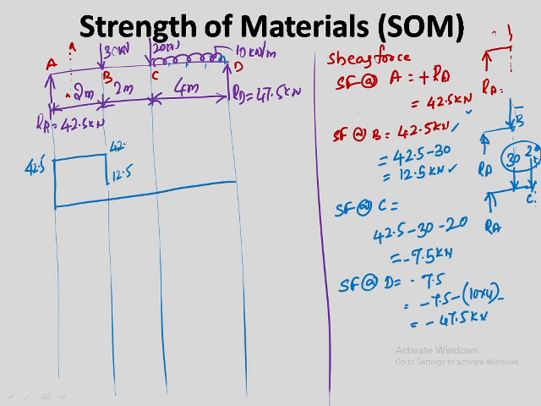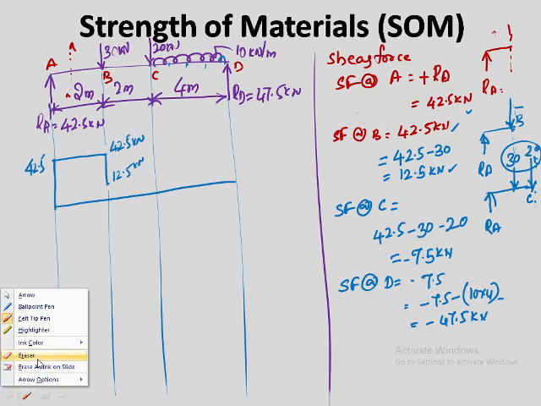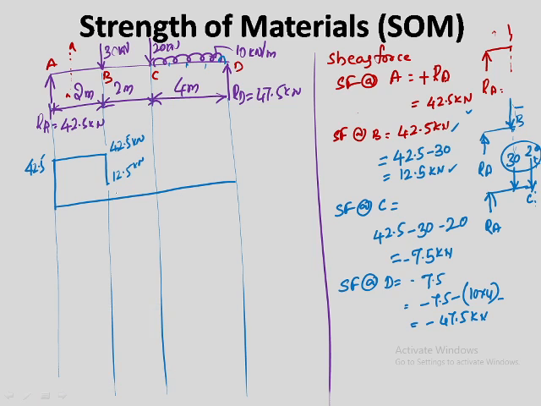Here you had 42.5 kilonewton. Next, this value remains the same here. Now you are adding again 20 kilonewton, which tries to push in the downward direction. Now how much are you going to get here? Minus 7.5.